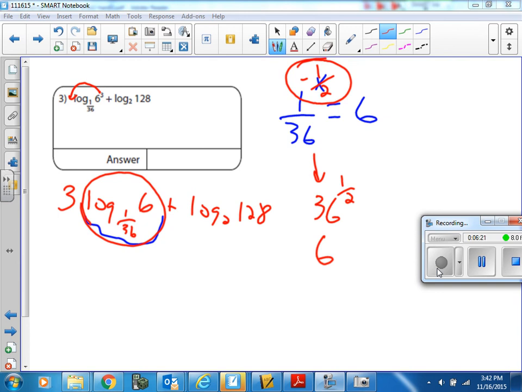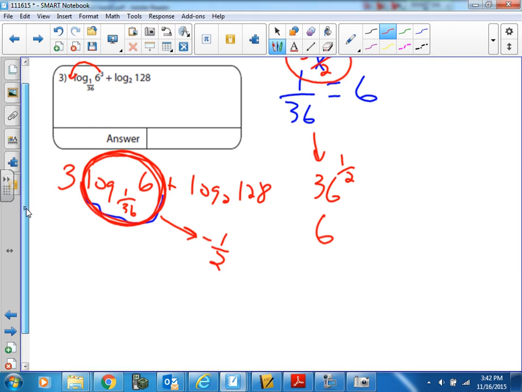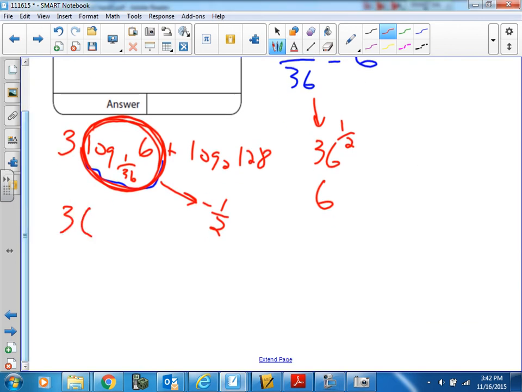Okay, we simplify log base 1/36 of 6. That entire thing gives us negative 1/2. And we also have the 3 there in the front, so that's 3 times negative 1/2.